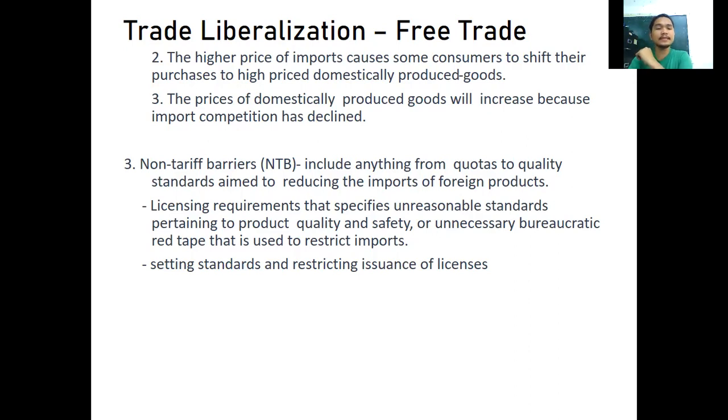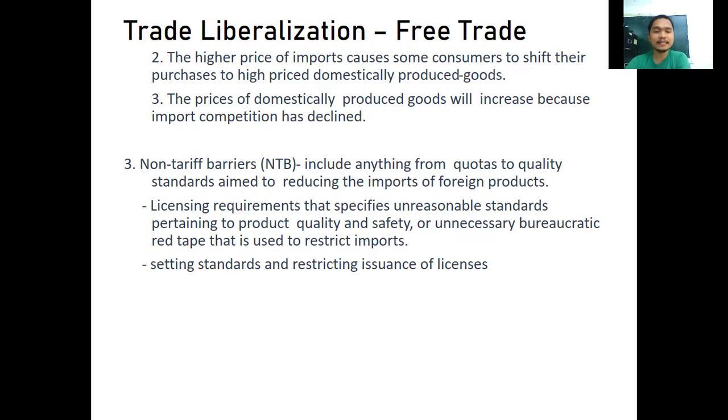Okay. Third, the non-tariff barriers or ginatawag na tong NTB. NTB include anything from quotas to quality standards aimed at reducing the imports of foreign products. So licensing requirements that specify unreasonable standards pertaining to product quality and safety.